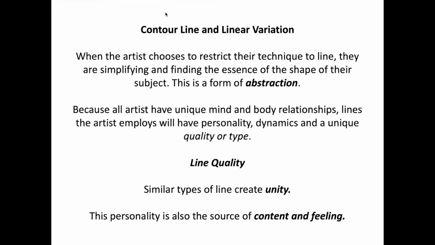Now, contour line in itself is a kind of distillation or reduction to essentials. So when you choose to not do value or shading or texture or create atmospheric types of spaces and things like that, and you restrict yourself to line, you're simplifying.